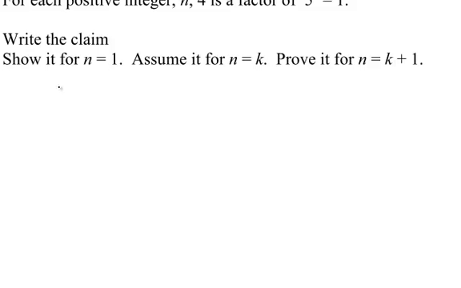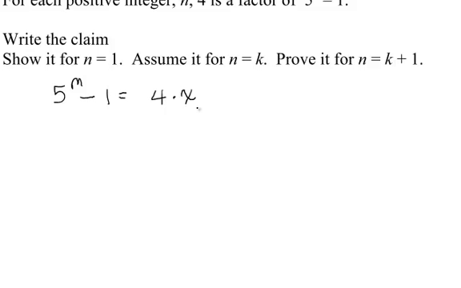I'm going to say 5 to the n minus 1 equals 4 times x. 4 is a factor. That's what that means. I don't have to specify what x is, but I know that if I factored it to primes, 4 would be one of the factors.